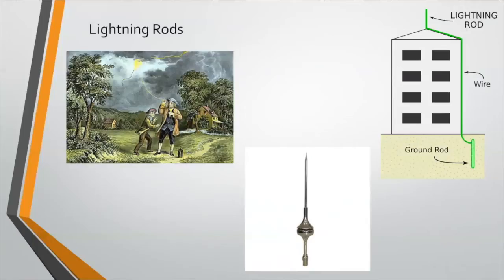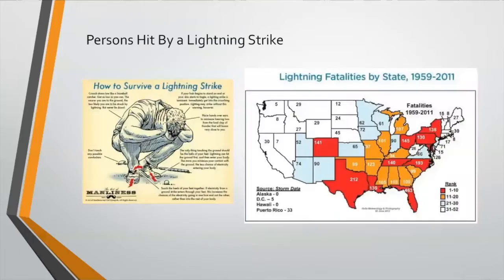Also, a topic that is very common when it's raining and people are outside is about people getting killed by lightning strikes. So here we have an image of how to survive a lightning strike and the fatalities by state from 1959 to 2011.